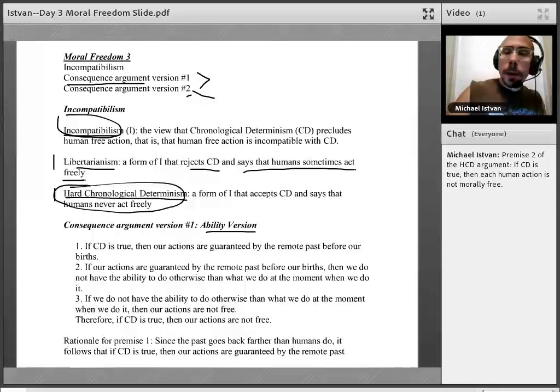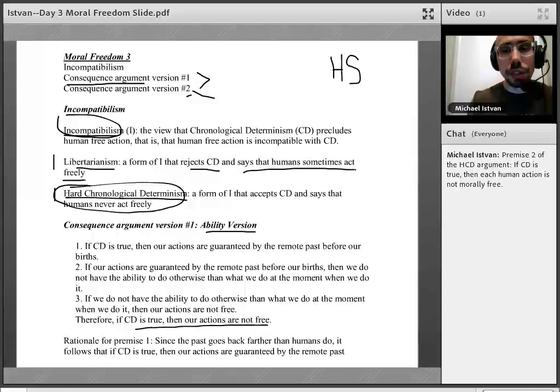So notice, by a series of HS's, hypothetical syllogism, one of our valid, popular argument forms, we get this conclusion validly deduced from these premises. So this is a valid argument. It is logically impossible for the conclusion to be false on the assumption that the premises are true.